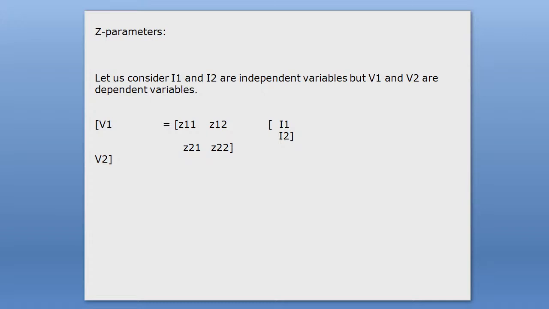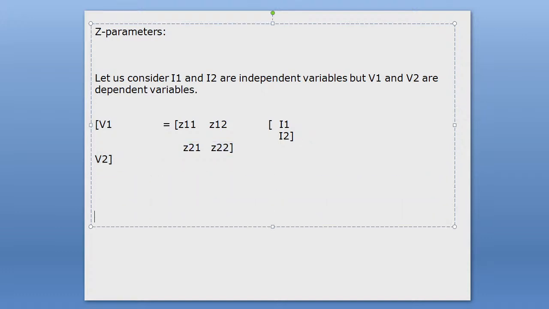Now we can write this matrix form as equations. Multiplying this matrix with that matrix, V1 equals Z11 into I1 plus Z12 into I2.